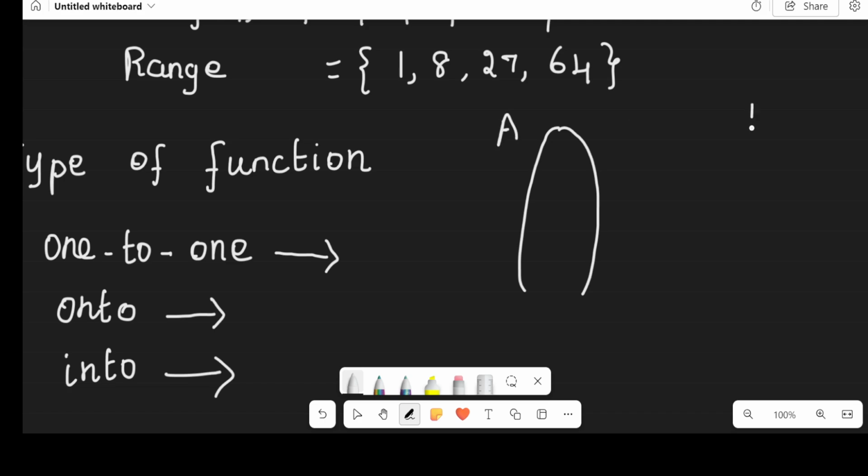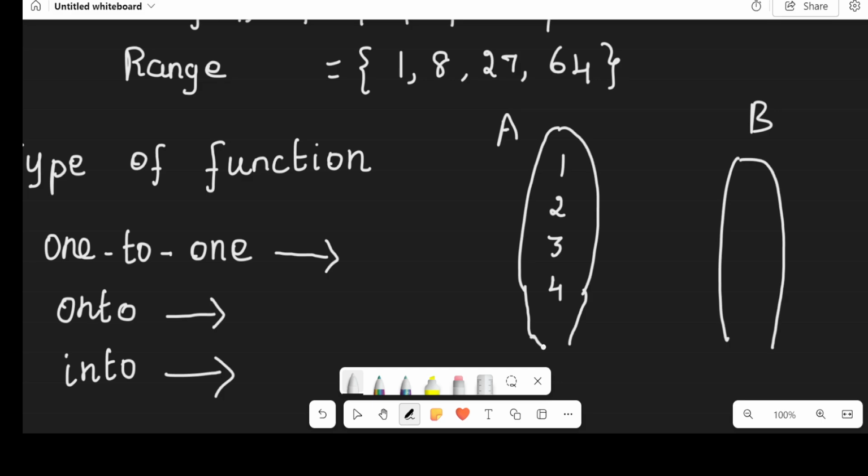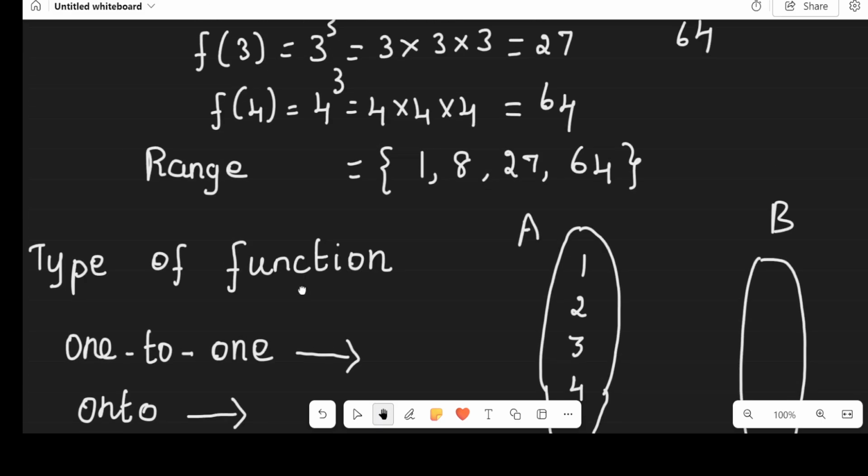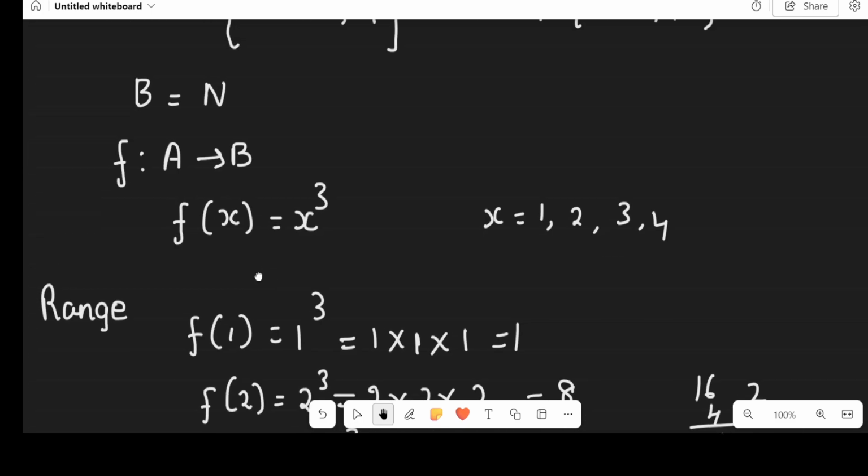This is A and this is B. Now we are going to check whether this function is this type or this type or this type. Here in A set we have 1, 2, 3, 4, right? And in B, natural numbers are given.